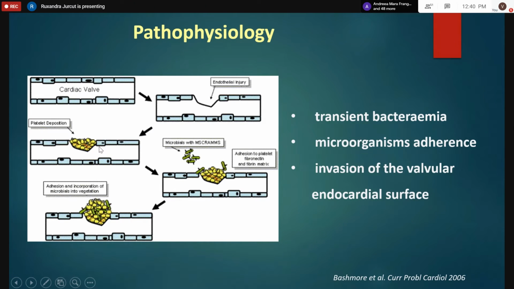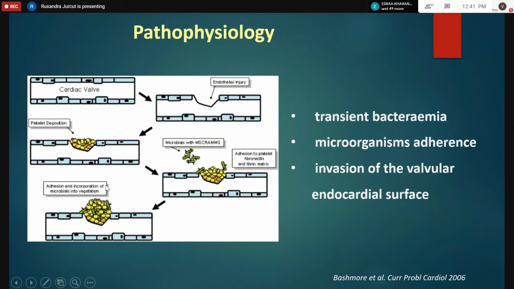But if in the meantime there are microorganisms in the blood, especially microorganisms with high adhesion properties to cellular walls, and some types do this more often than others, then the blood microorganisms adhere to the platelet surface, and the final step would be a sort of infected clot, which is actually called a vegetation.